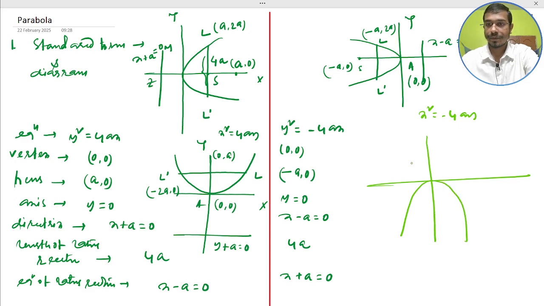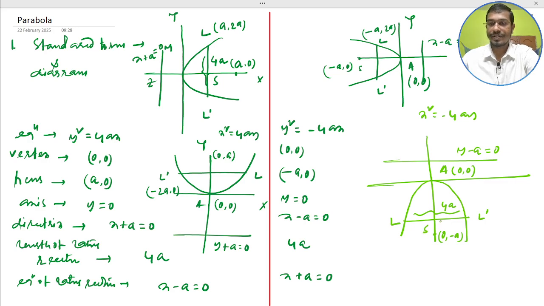This is the equation y minus a equal to 0. This is point A, 0, 0, latus rectum 4a, and here this point 0, minus a, okay, L and L dashed. This is the length of 4a and here is this point S. S means the focus. This is the equation of x square equal to minus 4ay. You just write all the things for these two equations.